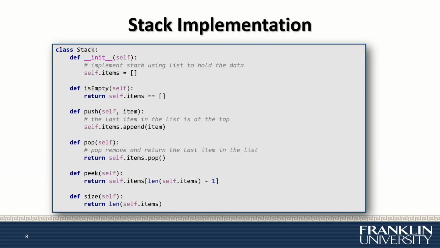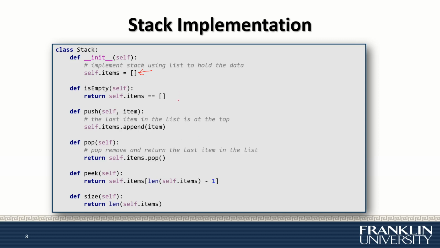And here's one implementation of a stack using a Python list. In this implementation, the constructor creates the stack using an empty list. The items is the stack's items, and when the constructor is called, it creates an empty list.